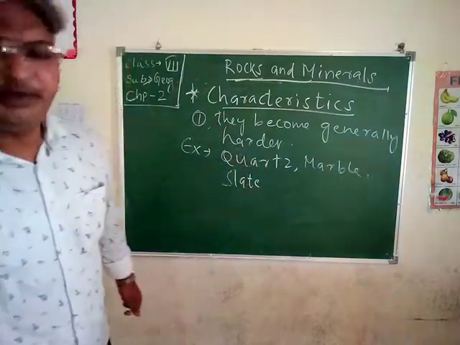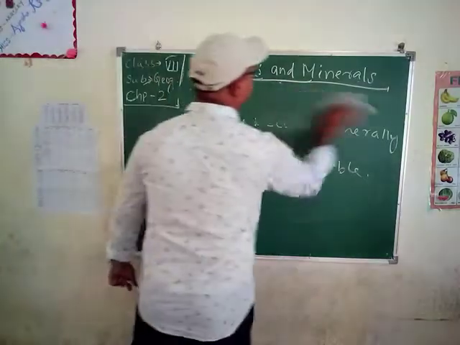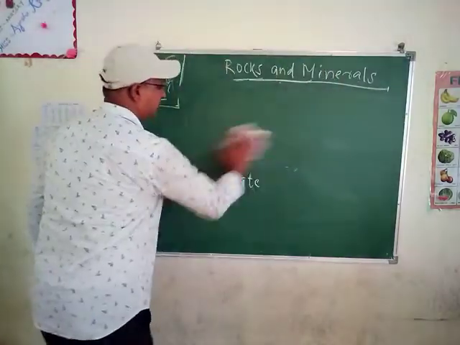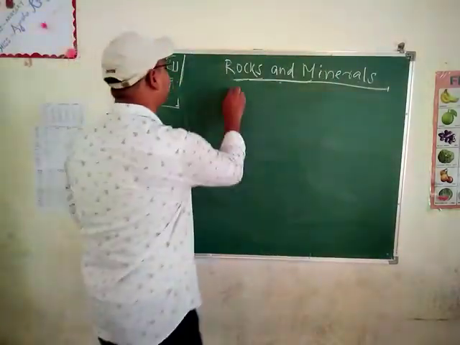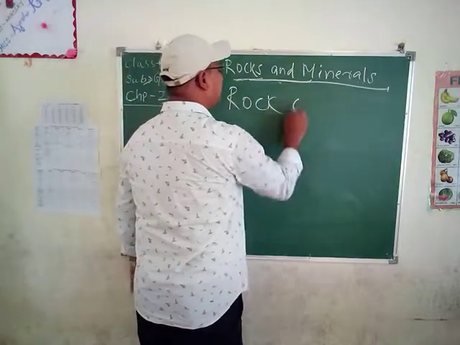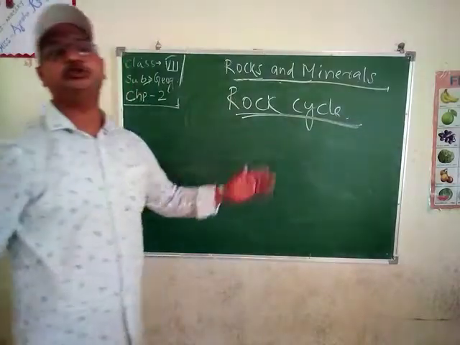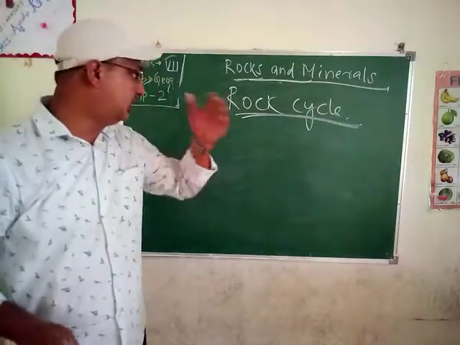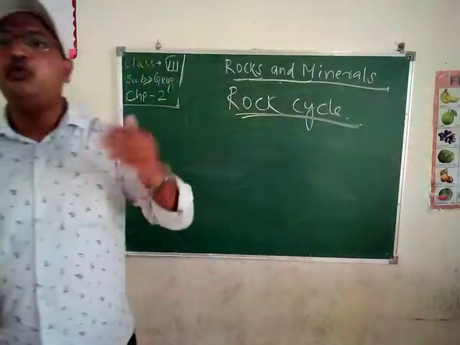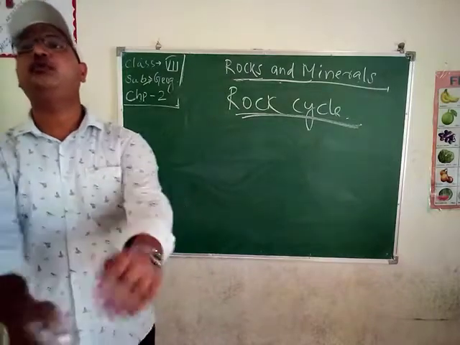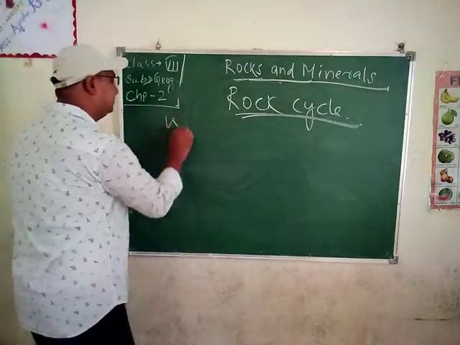Students, the last topic is the rock cycle. What about the rock cycle? This is the most important topic in the chapter: when a rock changes from one form to another. Students, I will write here.